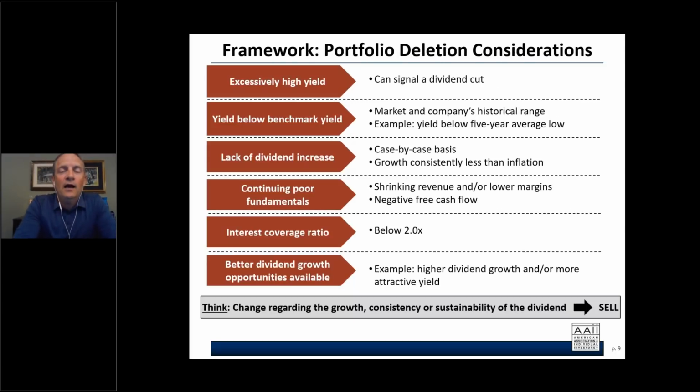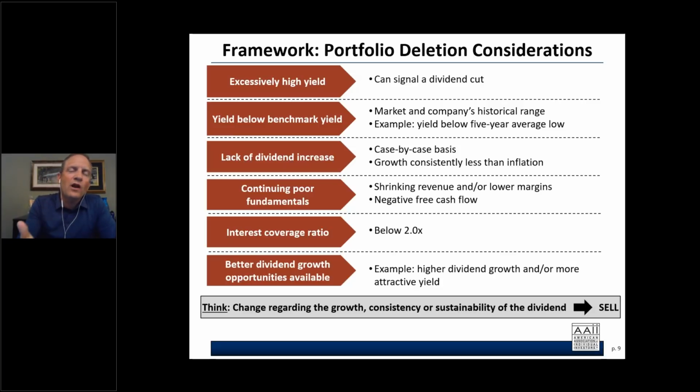On the flip side, what do we look at to delete a company from the DI portfolio? So here's a framework we look at. Does it have an excessively high yield? That's really a signal that potentially a dividend cut could be on its way.